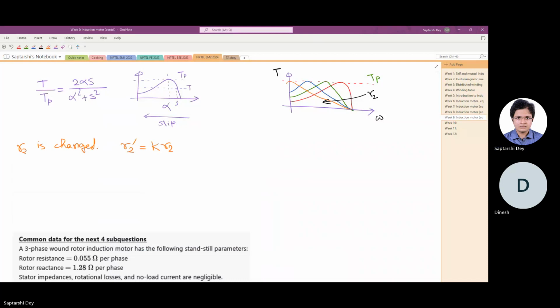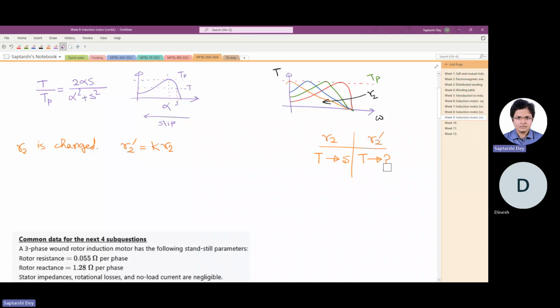Now we know that the peak torque does not change. Suppose when the rotor resistance was R2, some certain value of torque would appear at a certain value of slip, S. Now when it is R2 prime, at what value of slip will it appear?